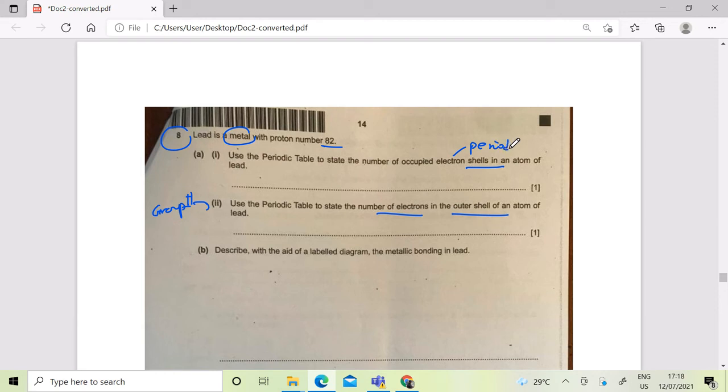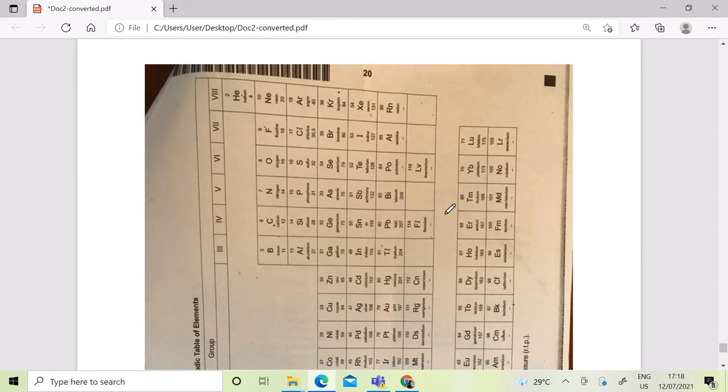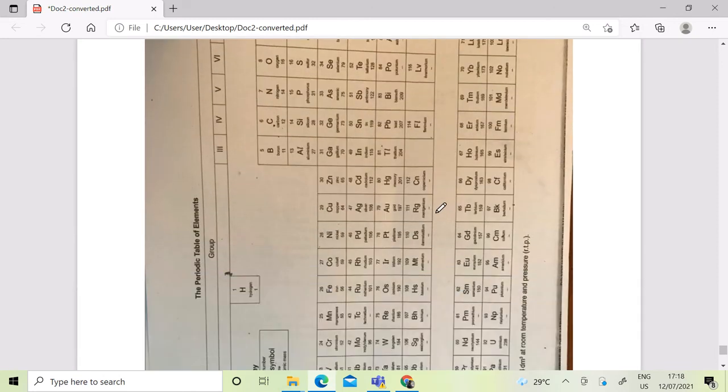Basically what they are asking is, where is lead in your periodic table? Then identify the period as well as the outer shell. The periodic table is given in your question paper, on the last page. Lead is over there.